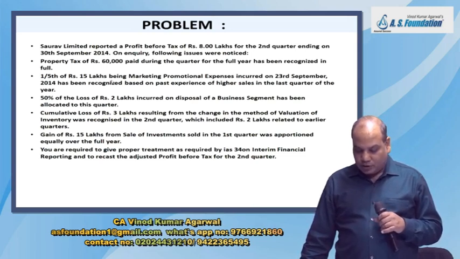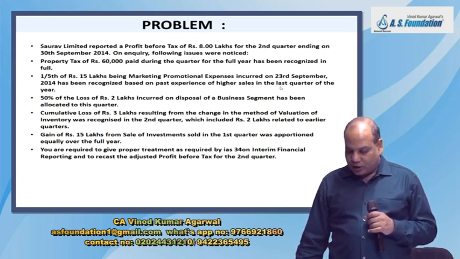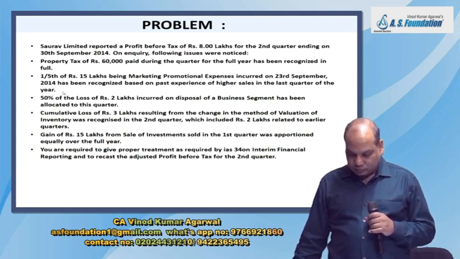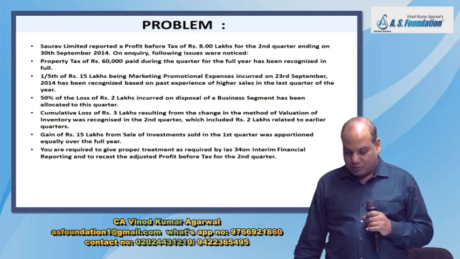1/5 of rupees 15 lakh being marketing promotional expenses incurred on 23rd September 2014 has been recognized based on past experience of higher sales in the last quarter of the year. Now this is a serious problem. You have incurred 15 lakh rupees in this quarter sales promotion expense.